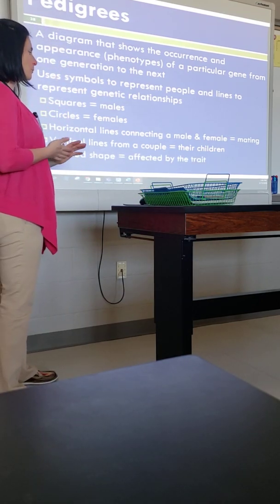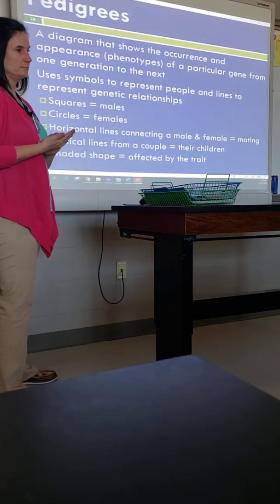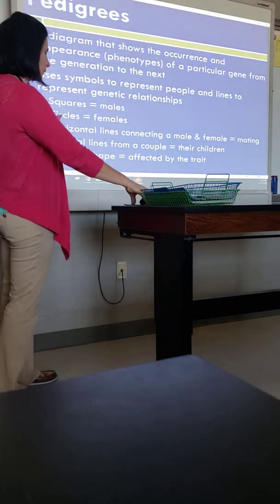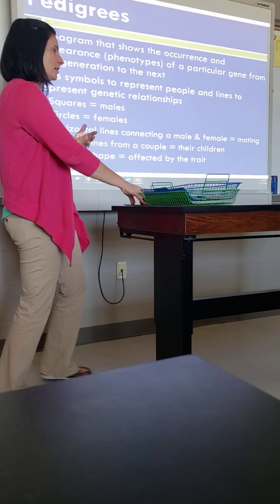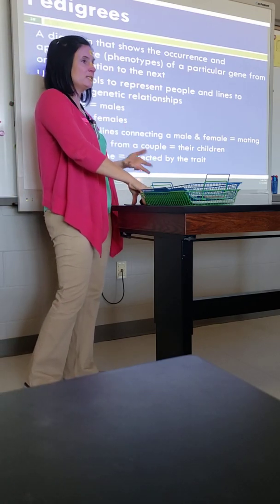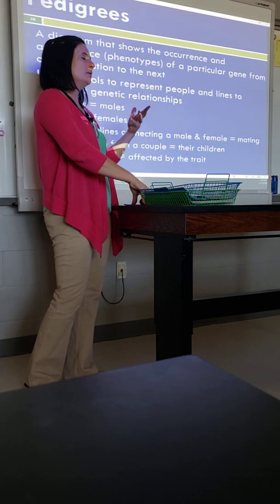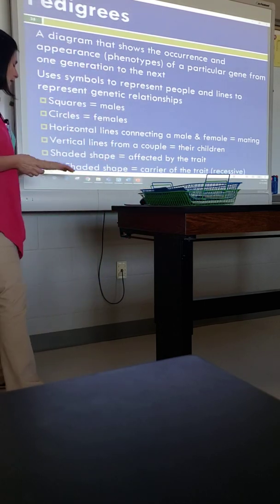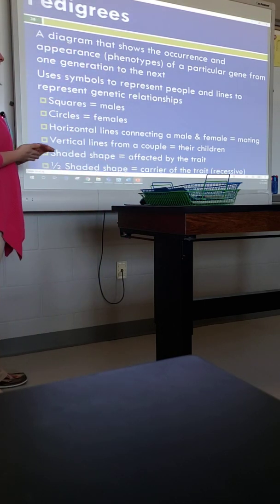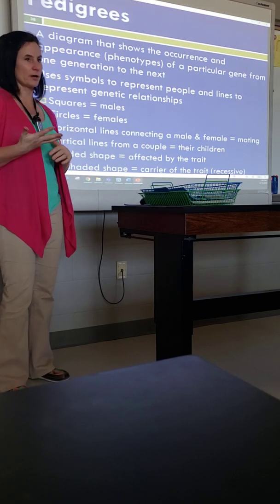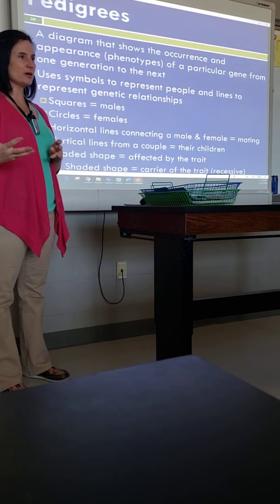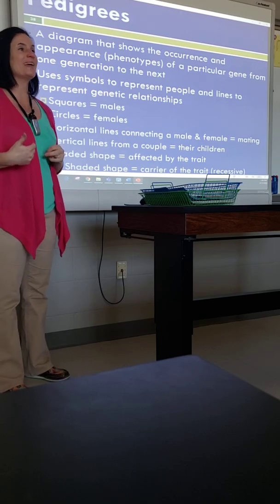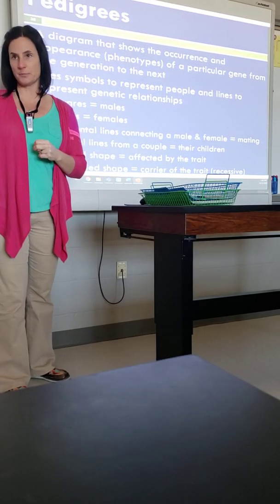Shaded shapes show people that are affected by a trait. So if that trait is some kind of syndrome or disease or sickness, that can be tracked sometimes through a pedigree. If it's only half shaded in, then they are a carrier for it. They don't have the trait showing, but they can pass it on to their offspring, right?